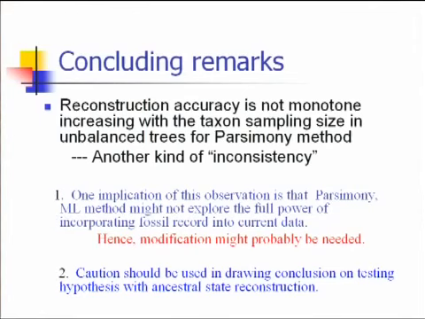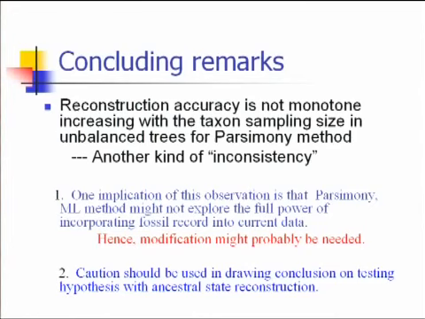This is another kind of inconsistency of the method. There are several implications of this observation. One is that the parsimony method and the maximal likelihood method might not explore the full power of incorporating the fossil record into the current data.